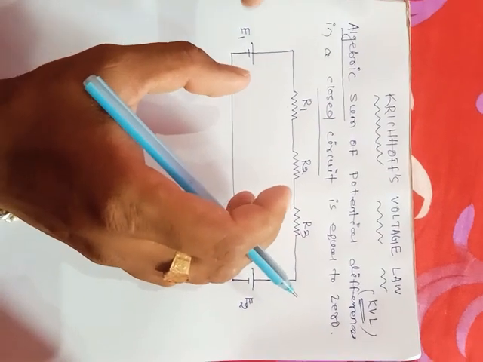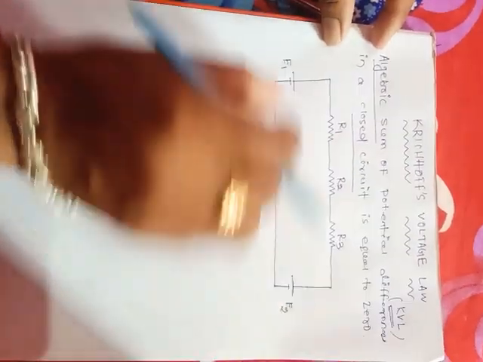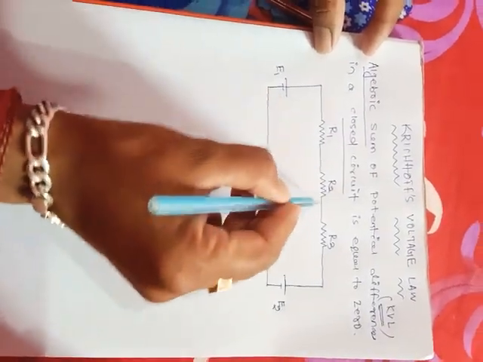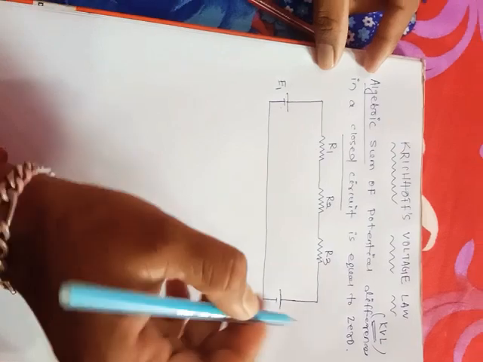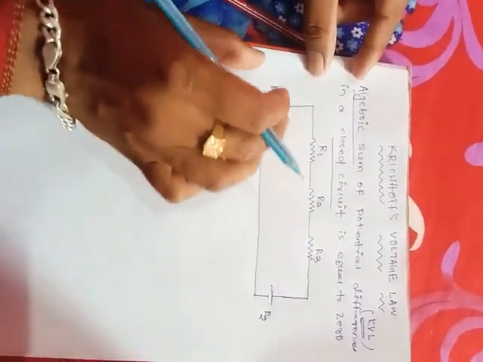First let us elaborate the algebraic sum of potential differences. Here five elements are present: number 1, 2, 3, 4 and 5.